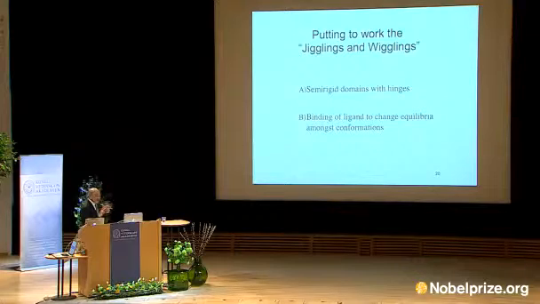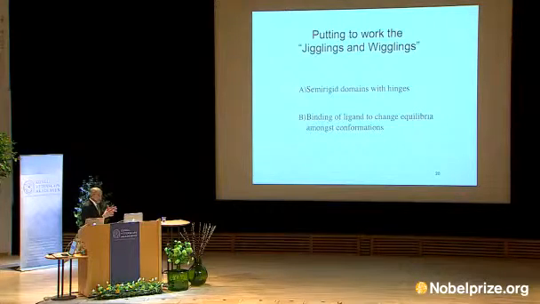So the final part of the talk, really, I would like to indicate how nature has developed the structure of proteins to be able to use the motions to put them to work. And in a qualitative sense, there's sort of two parts to this.